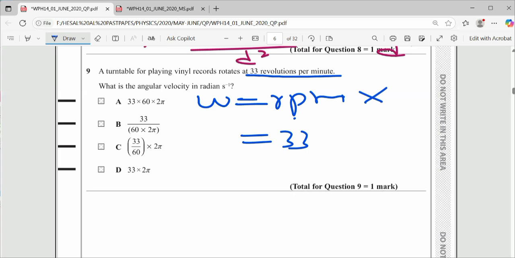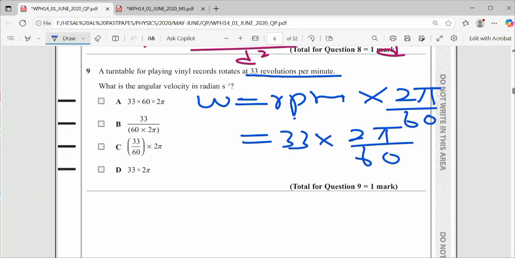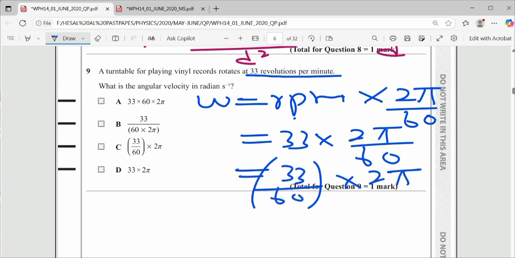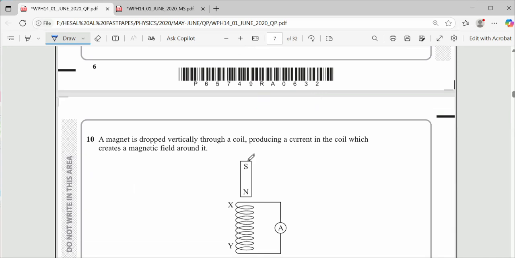Because one revolution, we know it's equal to 2 pi radians, and for 1 minute, I convert it to seconds. So I can do the simplification. How? 33 over 60 times 2 pi, which gives that answer. It's C. Let's move to the last question.